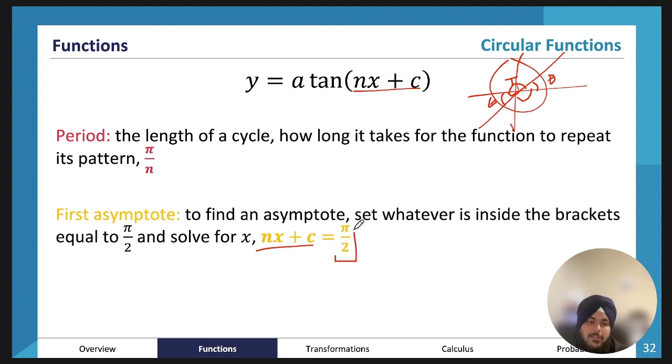Your original asymptotes are at pi on 2 and any odd multiples. So you let whatever is inside the brackets equal whatever is inside the original, and that will give you the new first asymptote.